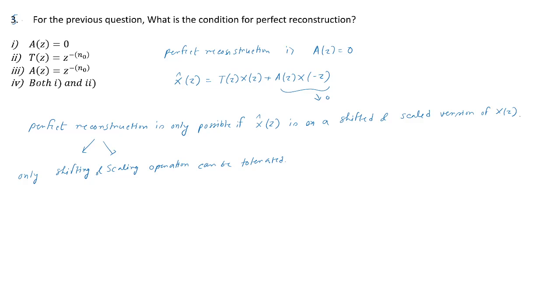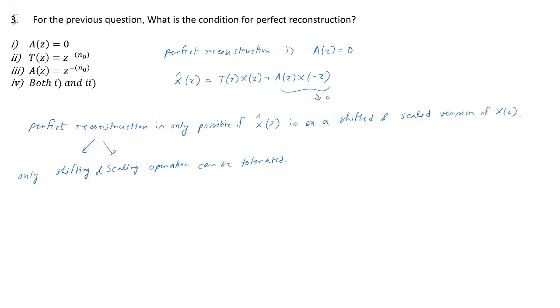If it is a delayed version of the original signal, you advance it, and if it is scaled, you can proportionately attenuate or amplify it. These are all linear operations, LTI operations you can perform, and you can get back x(n) in a proper format.